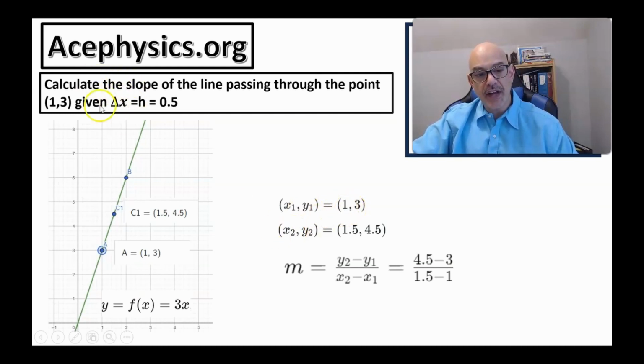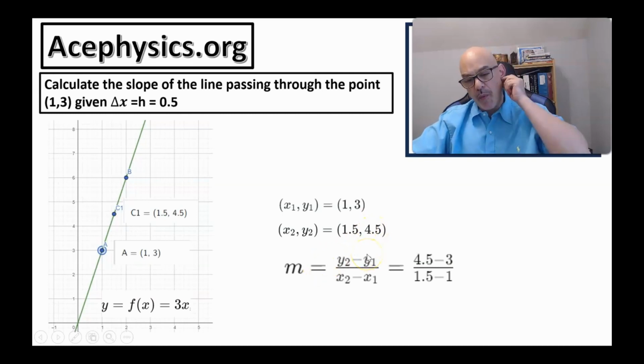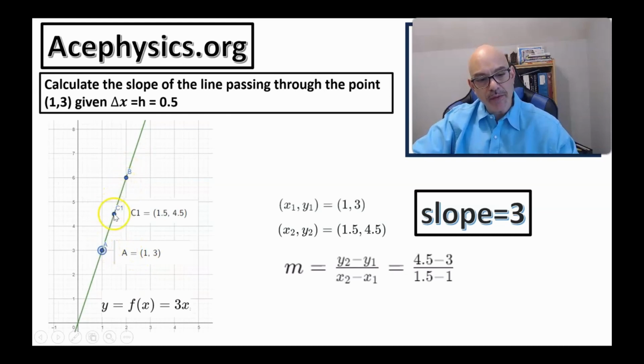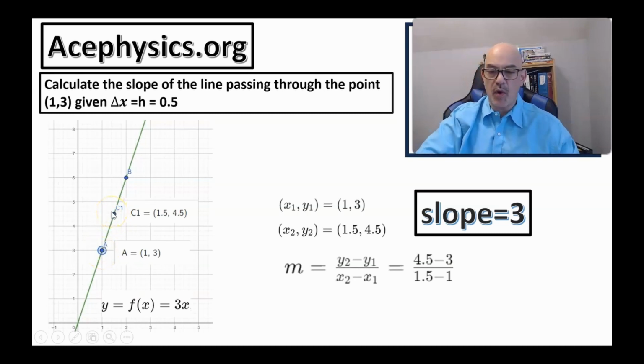Delta x is 0.5, so x2 is 1.5. You add 0.5 to the 1, and then y2 is going to be 3 times that, which is going to be 4.5. The slope is y2 minus y1 over x2 minus x1, and if we calculate the slope, we get 3 once again. So if you calculate the slope between A and B, you get 3, and if you move B closer, and now it becomes C1, to calculate the slope between A and this point C1, you still get 3.